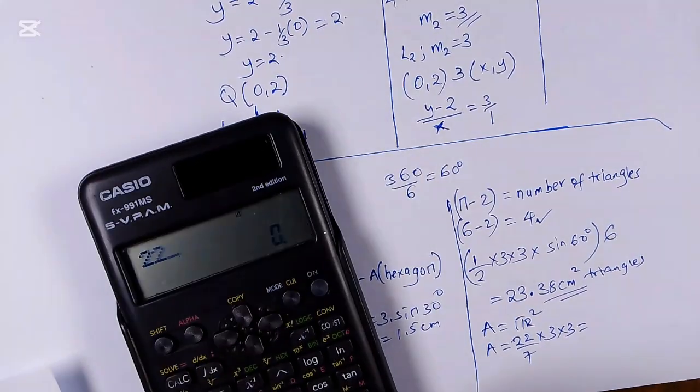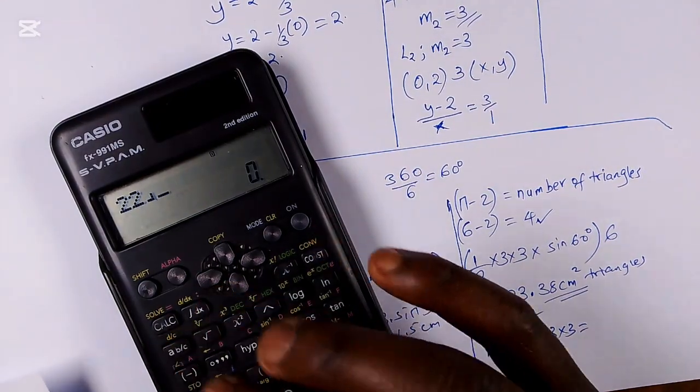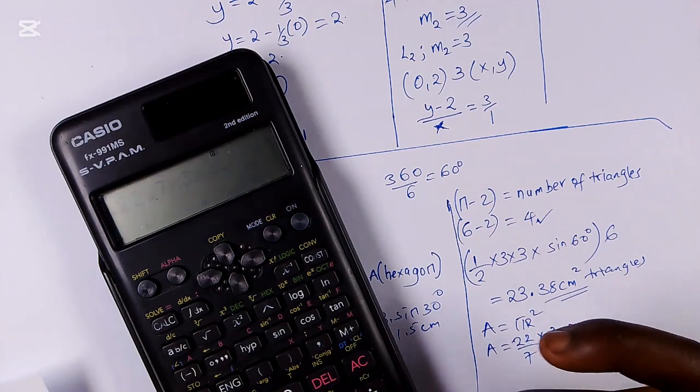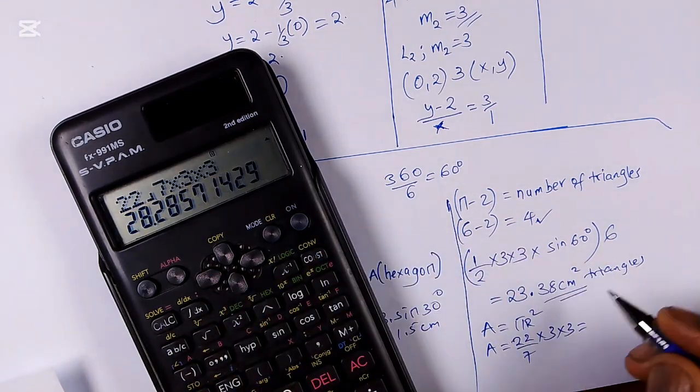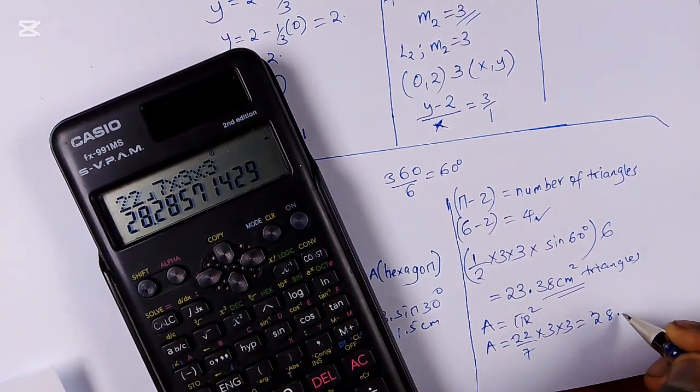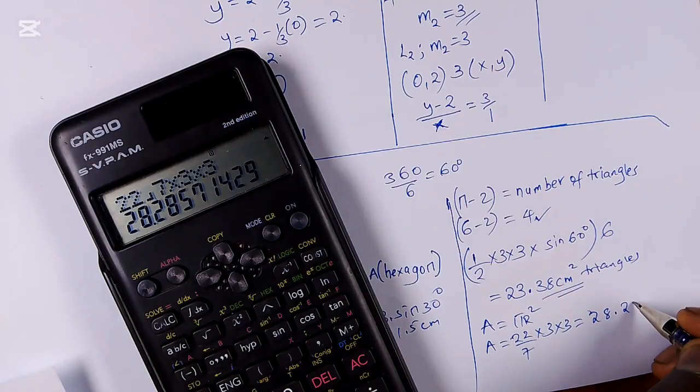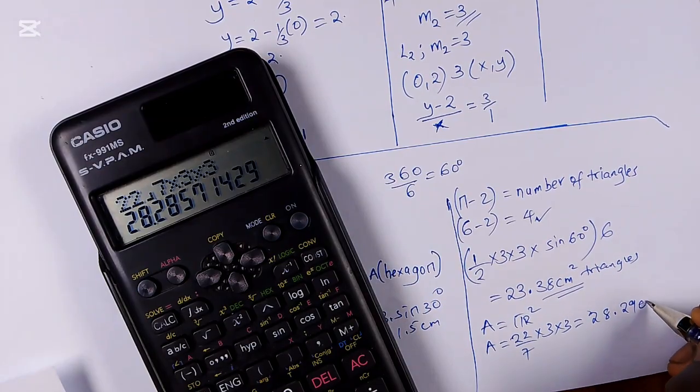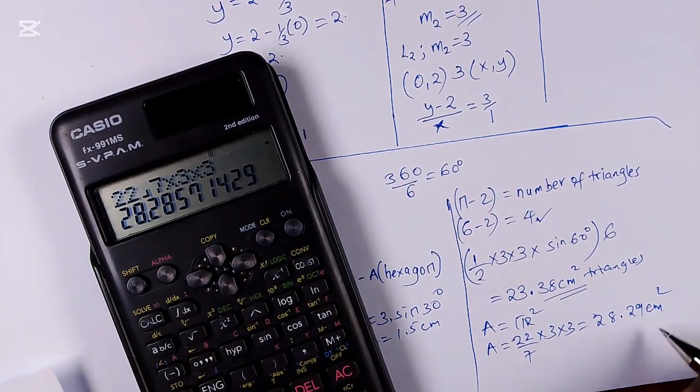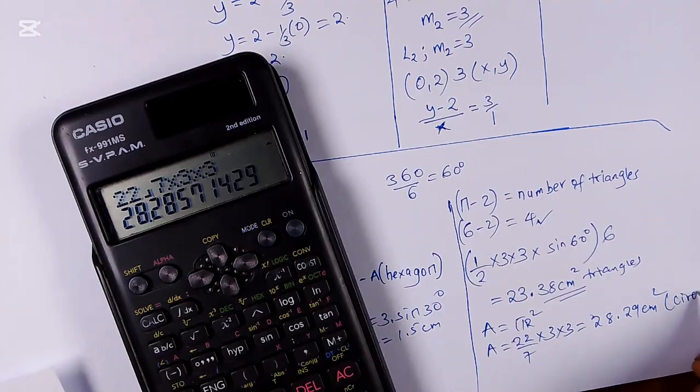It will be equal to 28.29 centimeters squared. So this is the area of the circle.